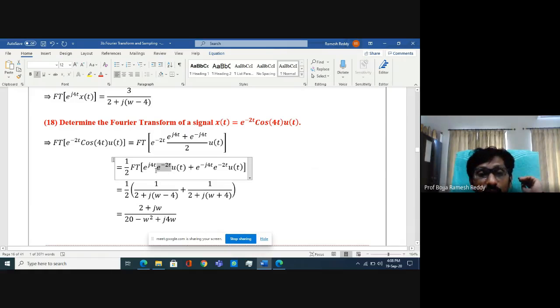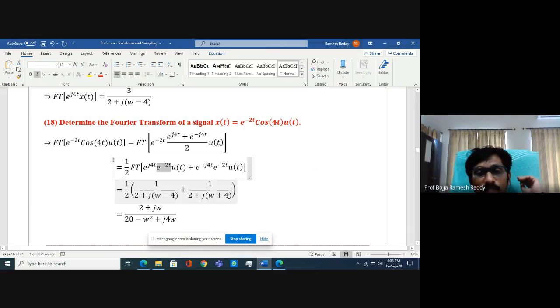If a time domain signal is multiplied with a complex exponential term, then in the frequency domain replace omega with omega minus 4, plus 1 by, here also the same thing. Because of minus 4, replace with minus of minus 4, that is omega plus 4.